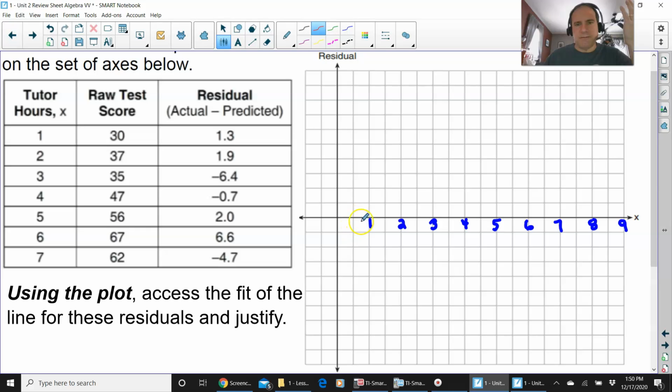So this would be 0.5. This is 1. This is 1.5, and I went all the way up to 9 because the table goes up to 7. Right, but looking at this right here, I have to really be careful because I have to cover up to at least 6.6. So I'm just going to label them by ones.